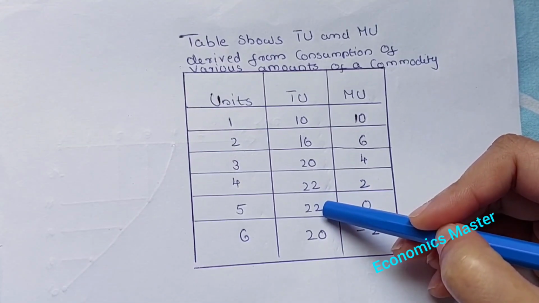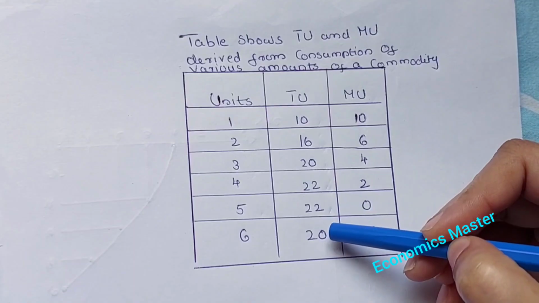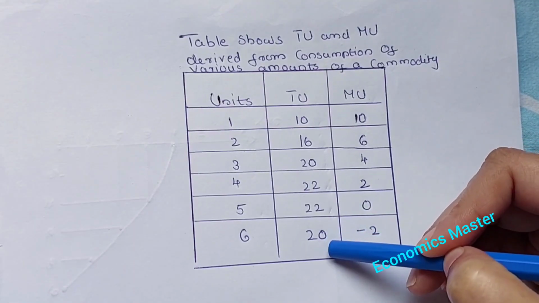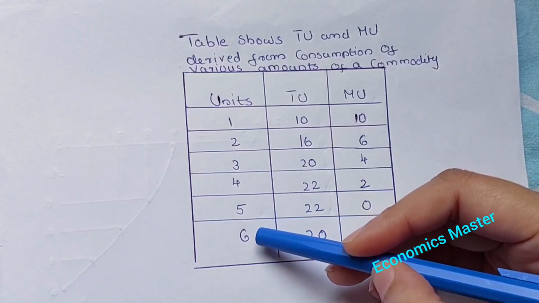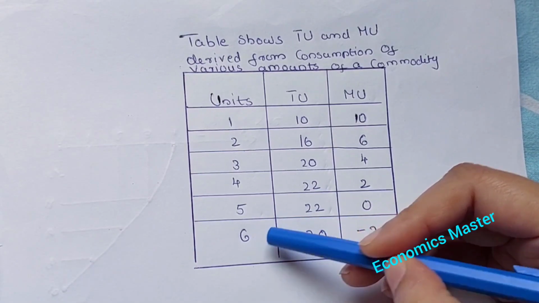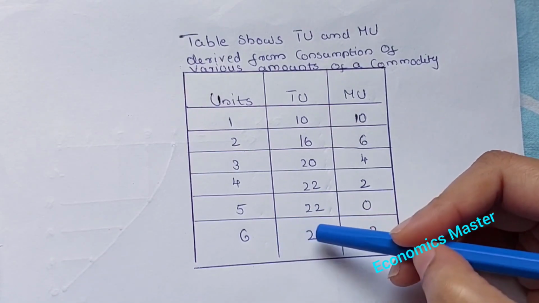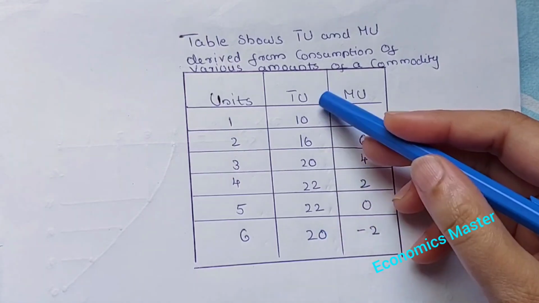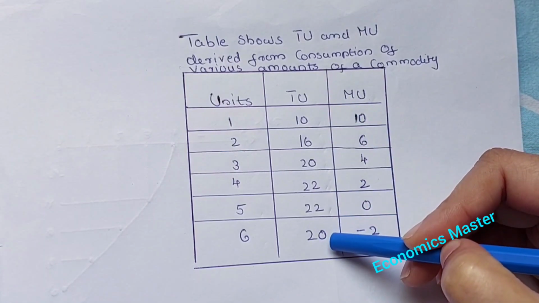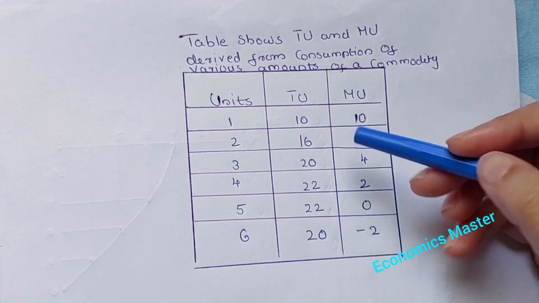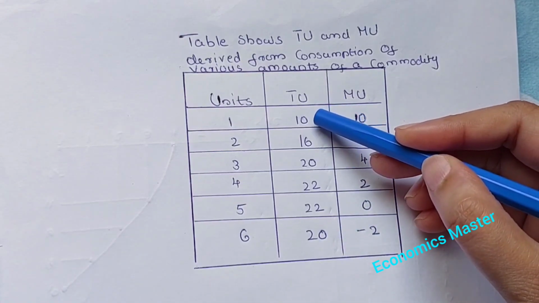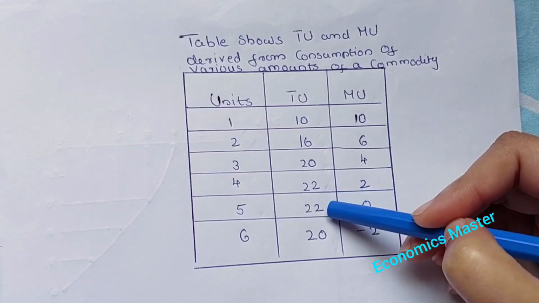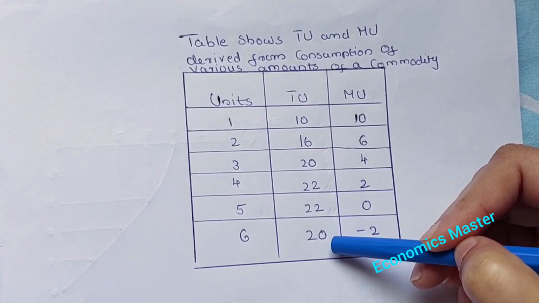Then the total utility declines to 20, because the more and more of the commodity is consumed, the less utility is derived from the consumption of that commodity. So total utility declines. So the total utility is increasing at a diminishing rate, then it remains constant, then it starts falling.